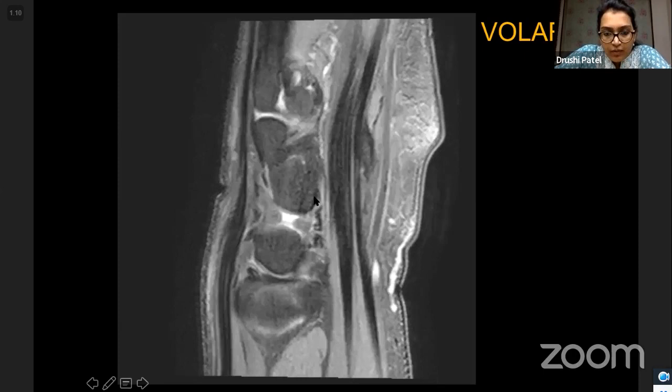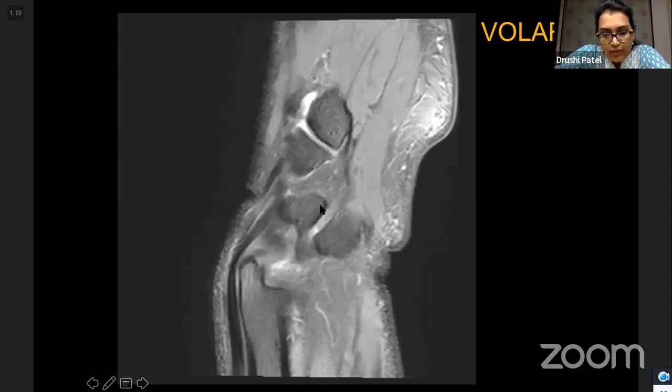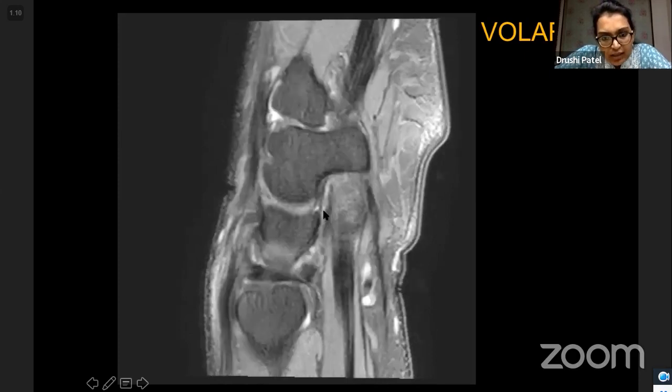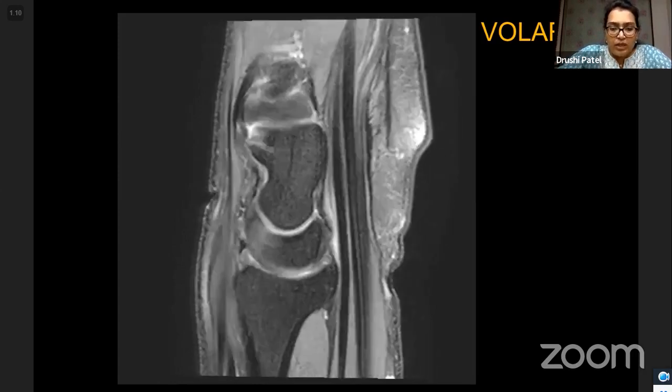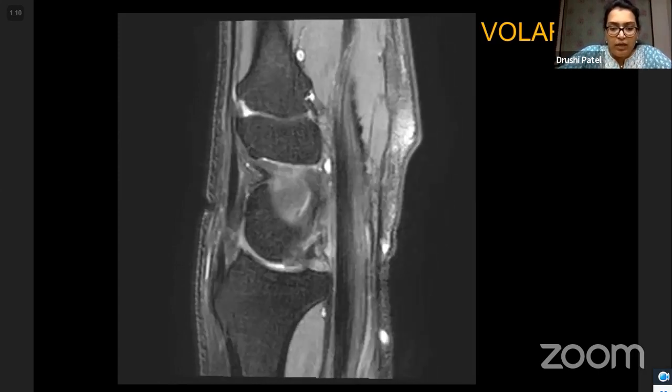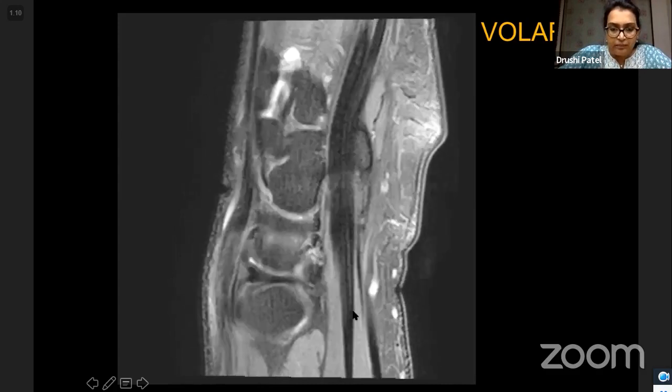Now beginning from the capitate and moving forward and inserting onto the triquetrum is the triquetrohamatocapitate ligament. But most of the time, consistently you will be able to identify the long radiolunate and the radioscaphocapitate ligaments on the volar aspect.